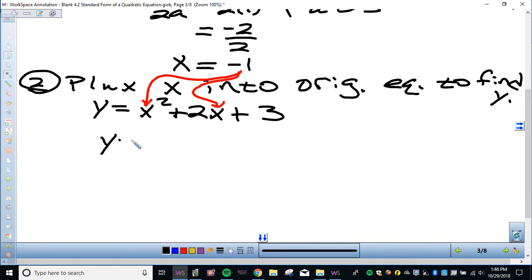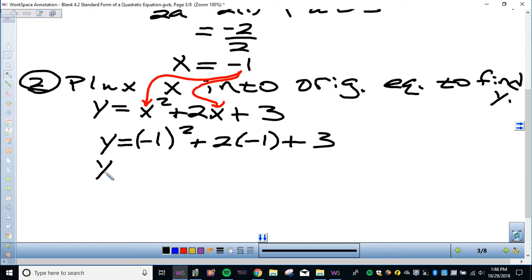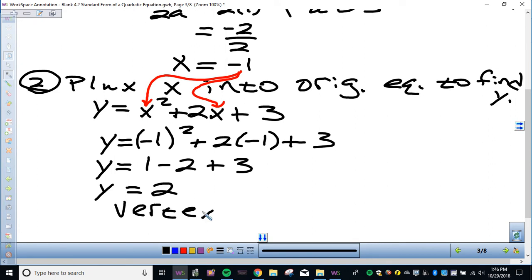So we get y equals (-1), don't forget to use parentheses, squared, plus 2 times negative 1 plus 3. You can throw that in your calculator for safety. You get 1 minus 2 plus 3. So y equals 4 minus 2, which is 2. So our vertex is negative 1 comma 2.